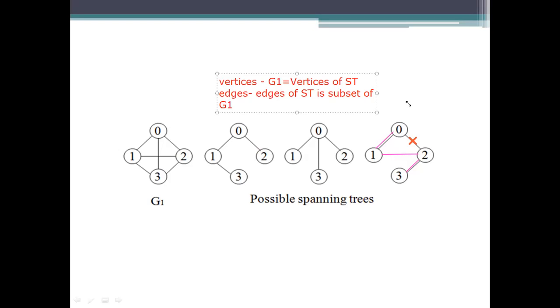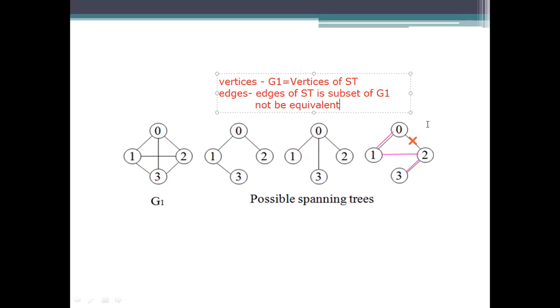It means whatever edges we are using belong to G1. And what is another condition here? It should not be equivalent. If it is equivalent, what happens? It forms a cyclic form, so a loop or circuit will be formed and it won't be considered a spanning tree.